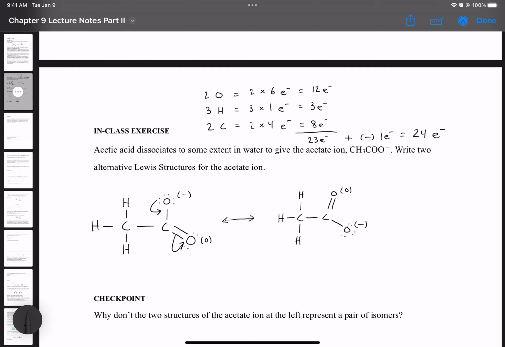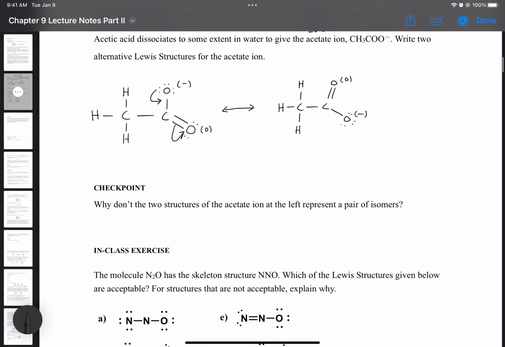So let's answer this next question. Why don't the 2 structures of the acetate ion represent a pair of isomers? I think I meant to put a picture here, but I forgot. No matter. Here are the 2 structures of the acetate ion. Why don't they represent a pair of isomers?